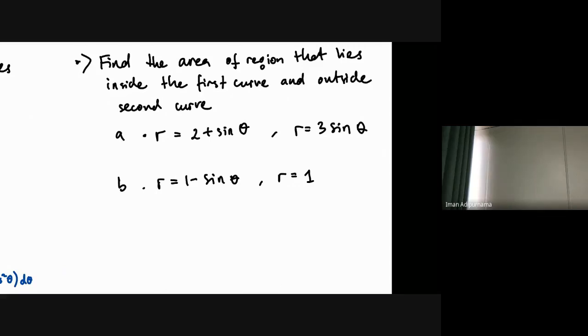Number B is easier. You can check B. You can see from here, you can use the cardioid. The cardioid is here, right?